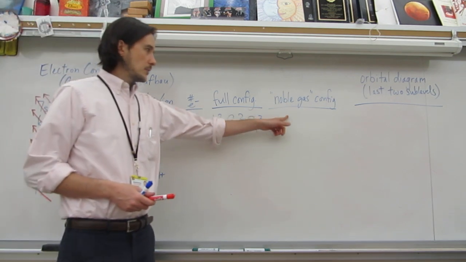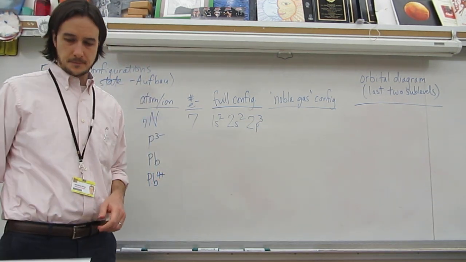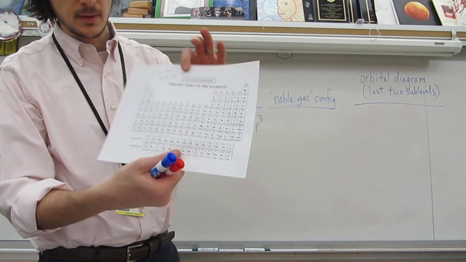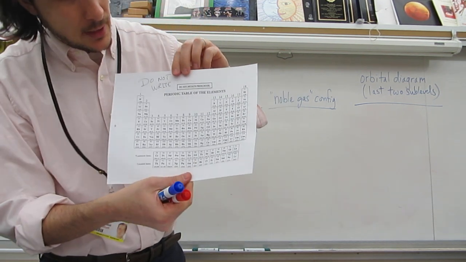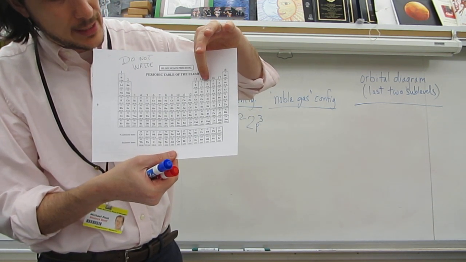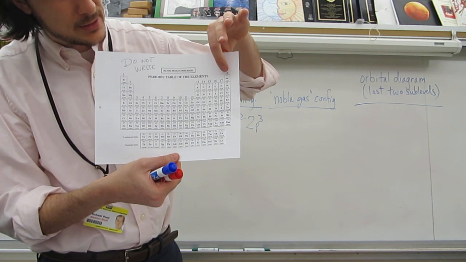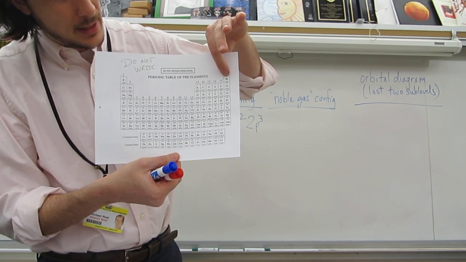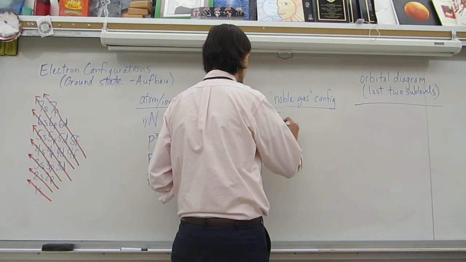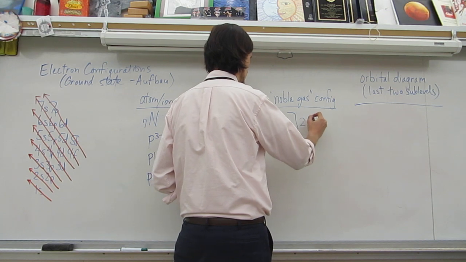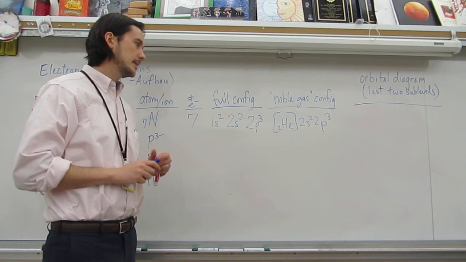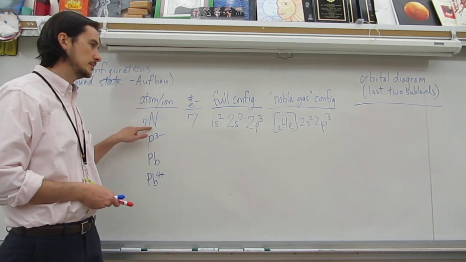Your noble gas configuration, what we do, so we have nitrogen here, and for the noble gas configuration we go to the previous noble gas, which is helium, and we write that. Okay, so helium, the noble gas prior to this element is helium.